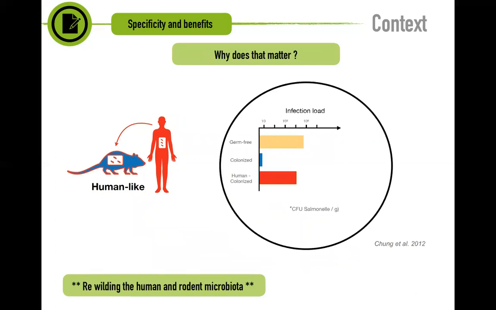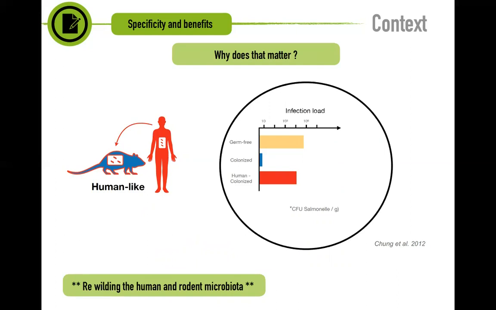But what you see is that this microbiome, here in red, doesn't provide benefits. The humanized rodent has a lot of infection load, similar to a germ-free one, which means that specificity might actually have a beneficial effect.